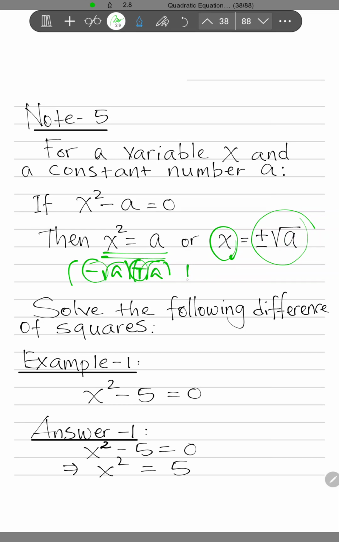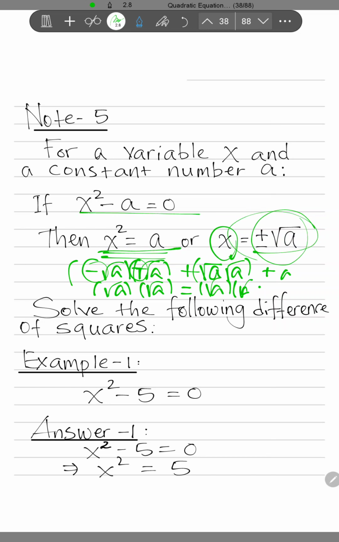Negative multiplied by negative is positive, so it's plus a. Another one, plus a times plus a is the same again, plus a. So x squared minus a is equal to 0, x squared is equal to a, x is equal to plus or minus square root of a.